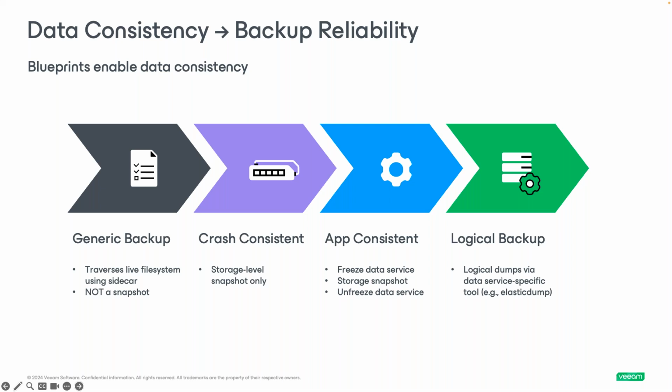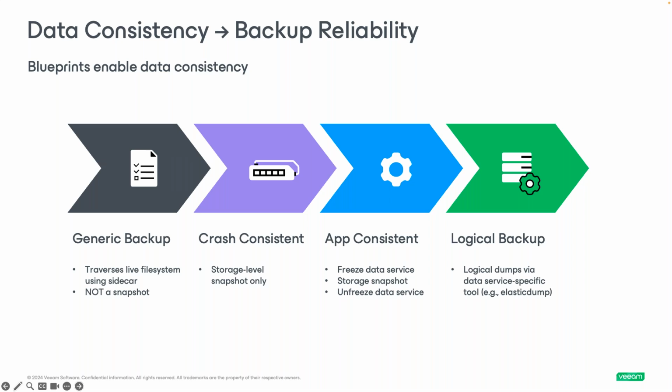So next question, how about data consistency to ensure reliability of your backup, right? Well, when performing a backup using Kasten, data can be captured in a number of different ways. Using supported storage, Kasten can perform crash-consistent snapshots of Kubernetes persistent volumes. But this is likely insufficient for workloads such as databases, whereby data consistency is very critical to ensure a reliable restore experience.